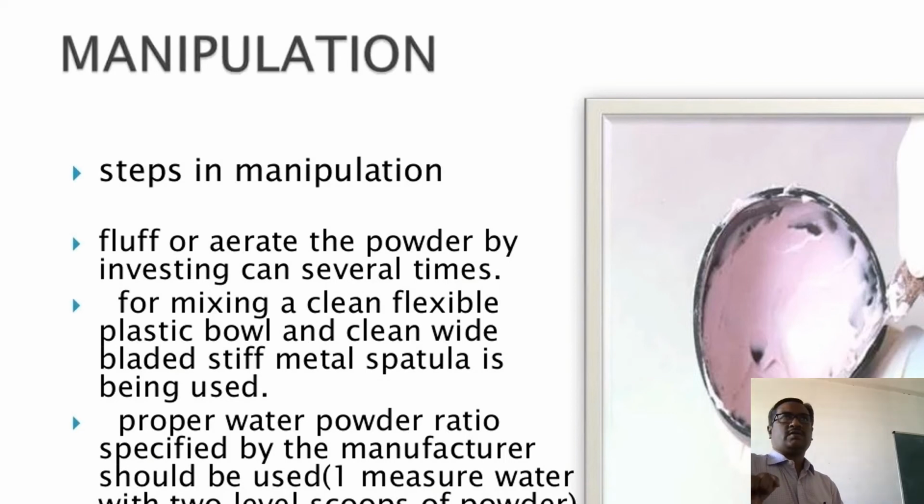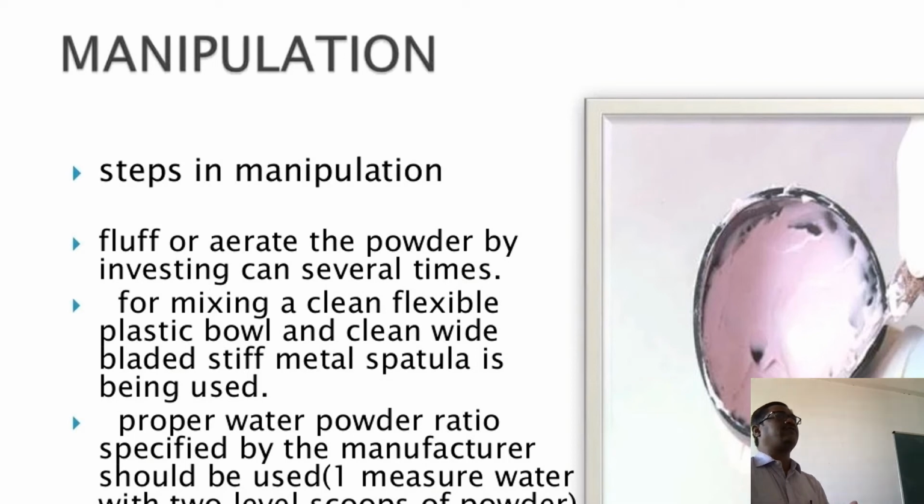Once water and powder have been taken in the bowl, the spatulation should be started. It should be a stirring motion, so that all the particles are distributed in the water and moistened.